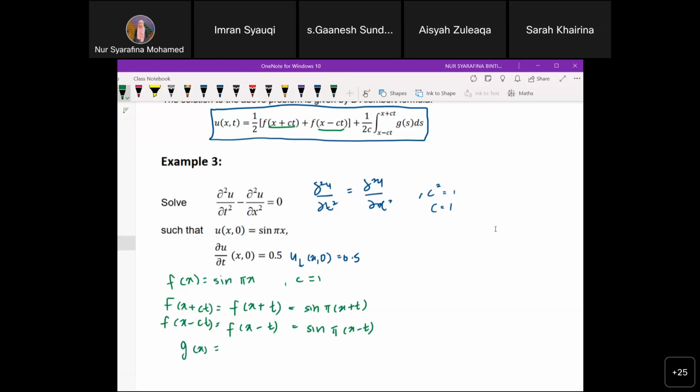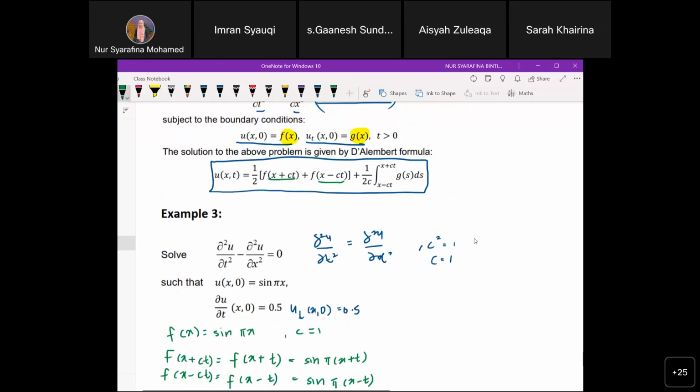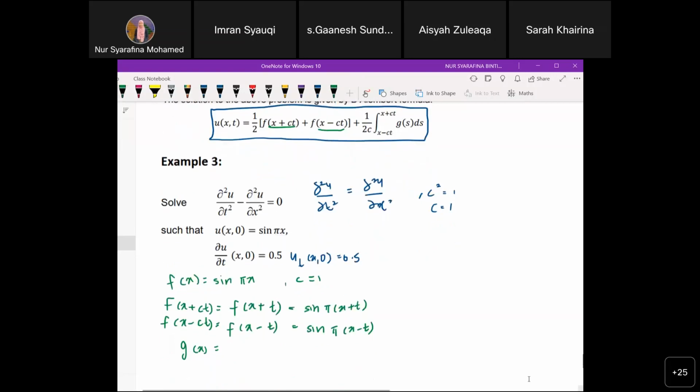As you can see, g(x) is the function given by u_t(x,0), so g(x) equals 0.5. Then we want g(s). If g(x) equals 0.5, what is your g(s)?